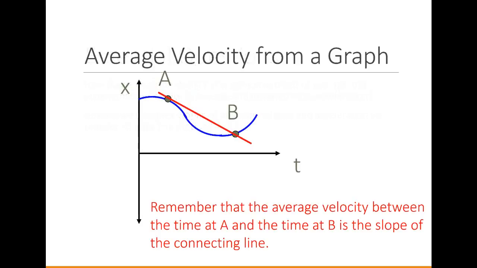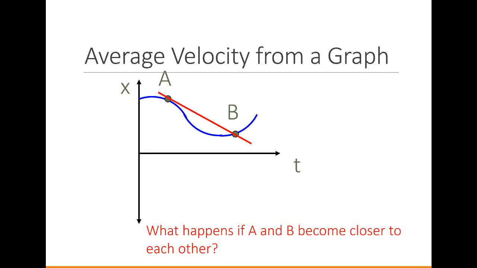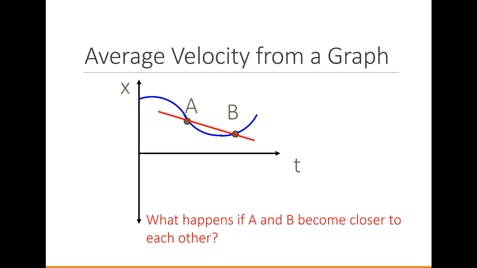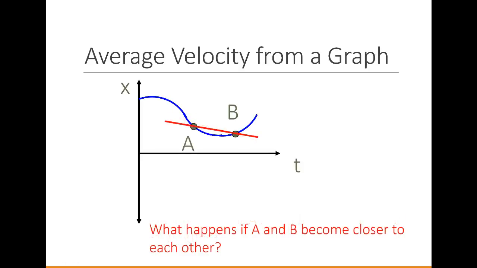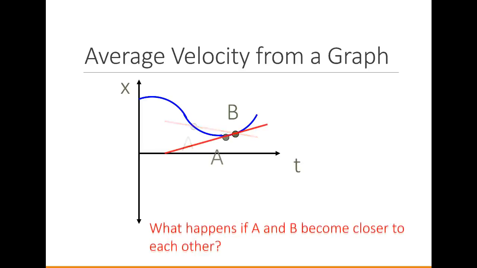So last time we talked about average velocity. We connected the points A and B, and we found the slope of the connecting line. But now the question becomes, what happens if A and B get closer to each other? And what you can see is that as A and B approach, we get closer to the tangent of the graph of x versus t.